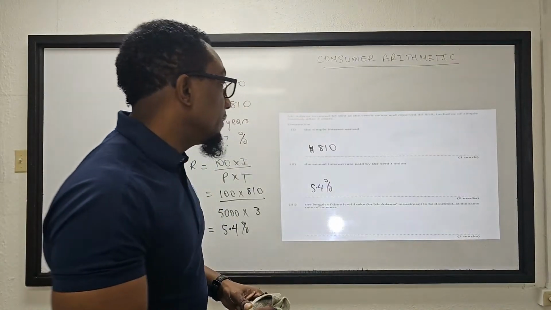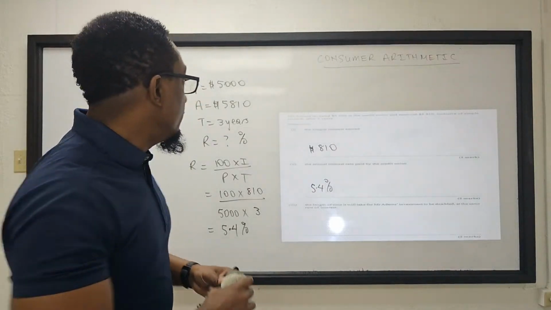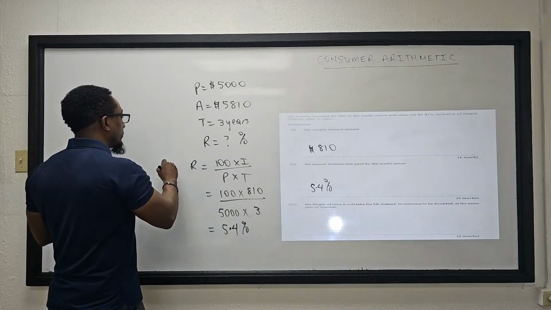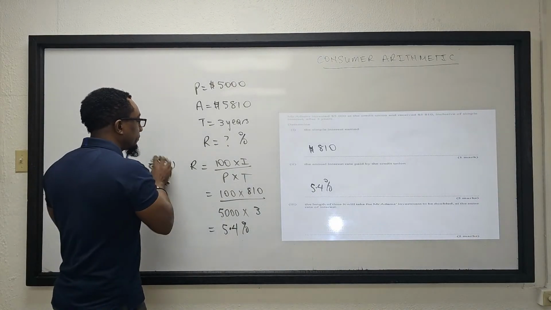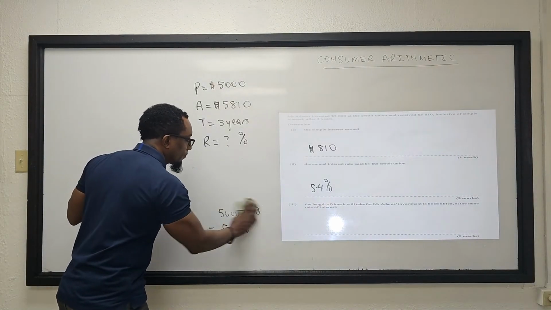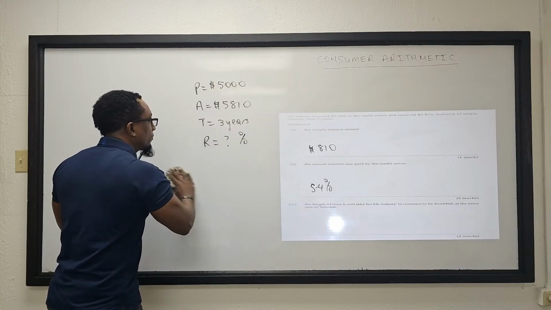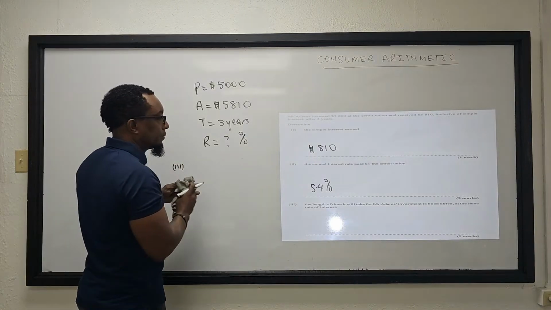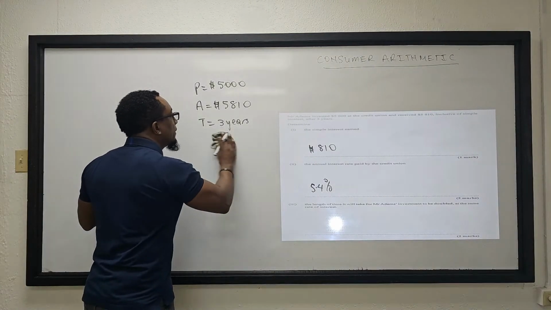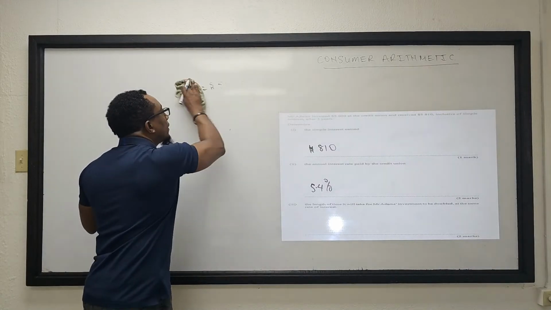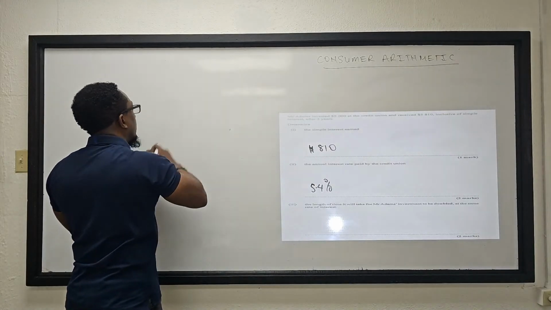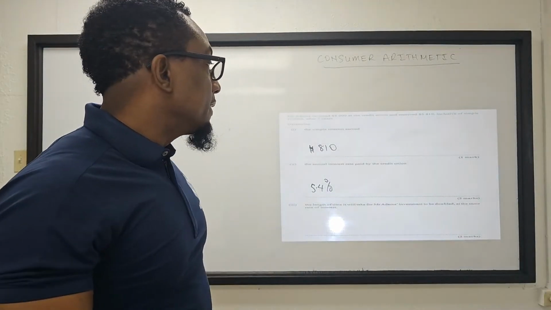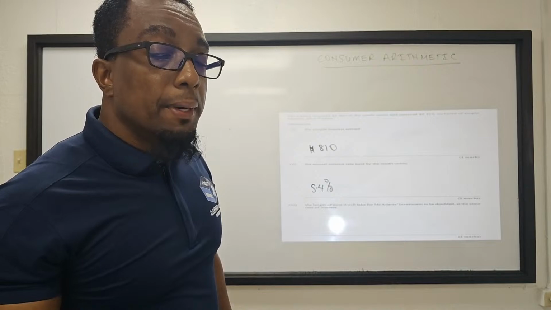So if we have to determine the time, we can have part 3 now. We have to determine the time it will take for Mr. Adams' investment to double.